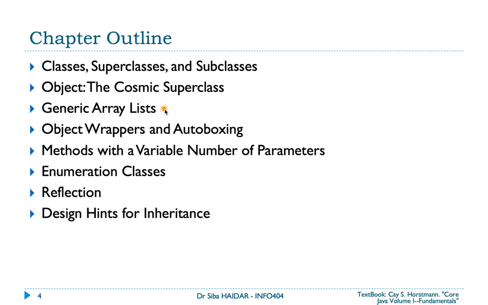And we will have a small appetizer about the two chapters we will see later, which are genericity and collections. Here we will only see how to use generic array lists. We will mention and explain later object wrappers and autoboxing, methods with variable numbers of parameters, as well as enumeration classes.